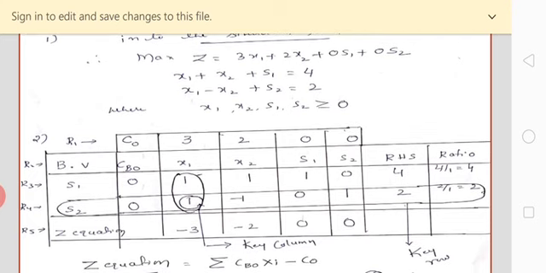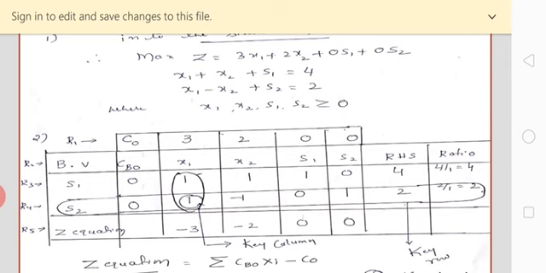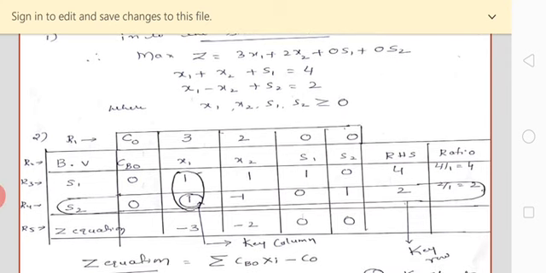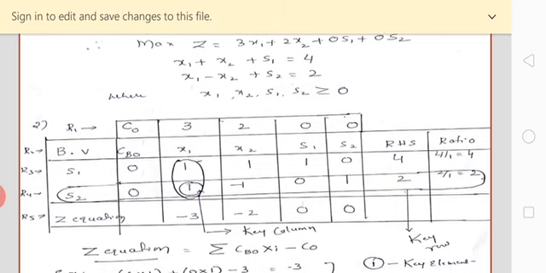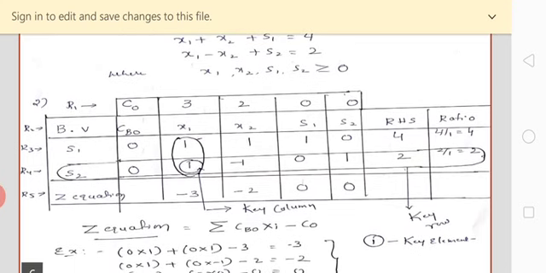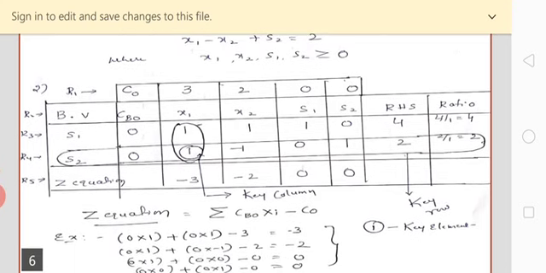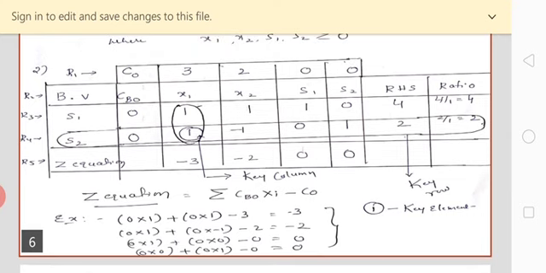Next, the variables x1, x2, s1, s2 will be there, and R3 and R4 represent the first constraint and second constraint, and their corresponding coefficient values should be represented there. We represented them here. Then we calculate the Z equation. I told you the Z equation is the summation of CB into xi minus C, and I have also done examples here.